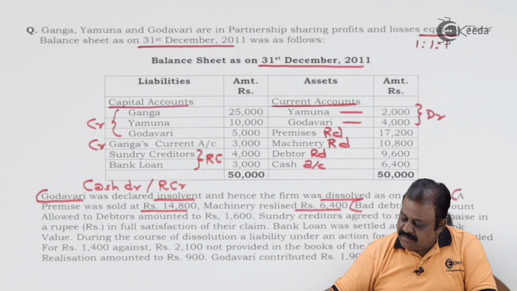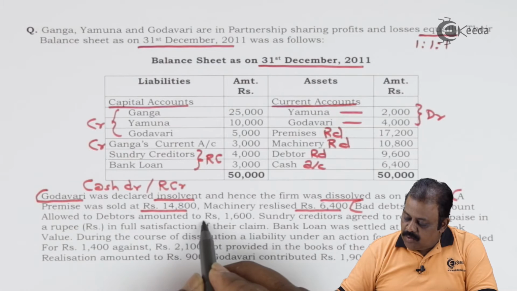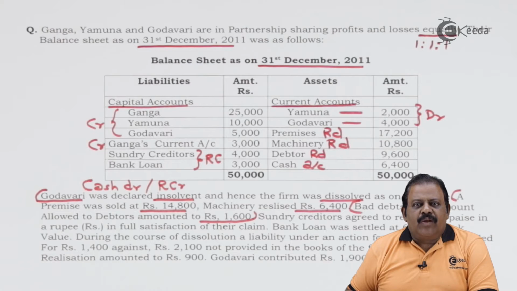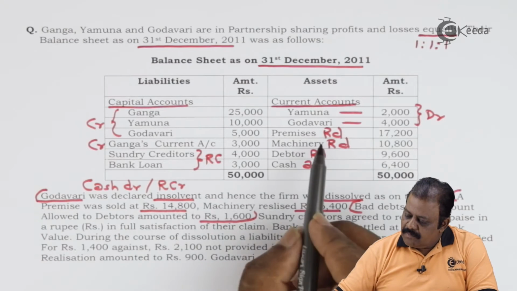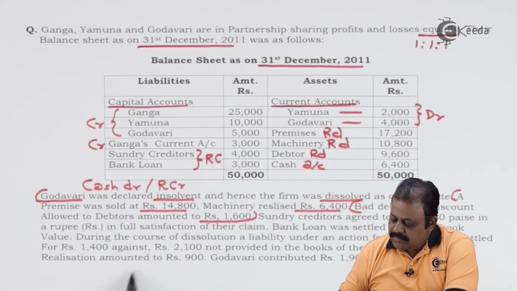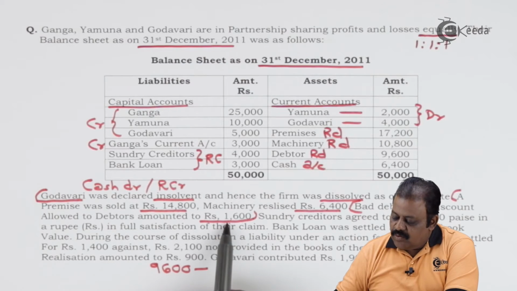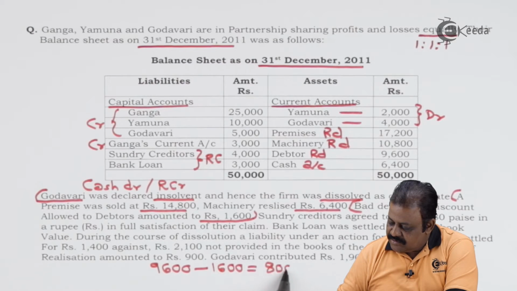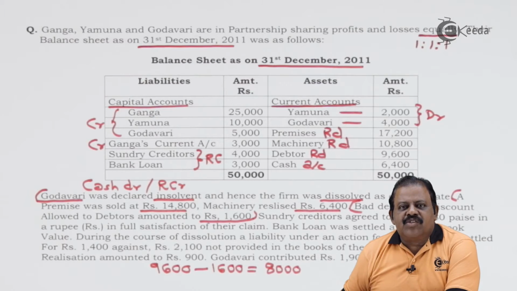Bad debts and discount allowed to debtors amounted to 1,600. Here we are required to understand how to calculate the amount received from debtors. Book value of debtors is 9,600. 9,600 minus discount and bad debts 1,600, so the actual amount received from debtors is 8,000.